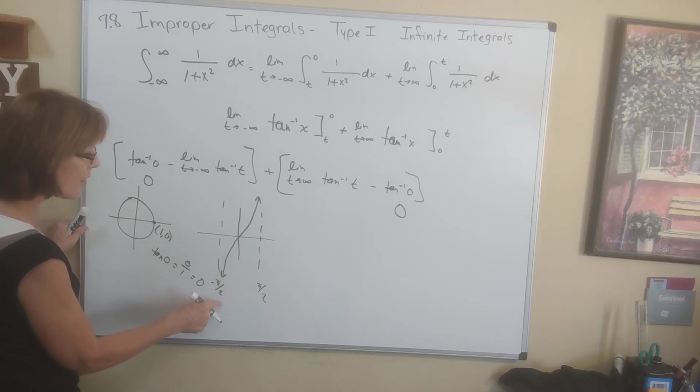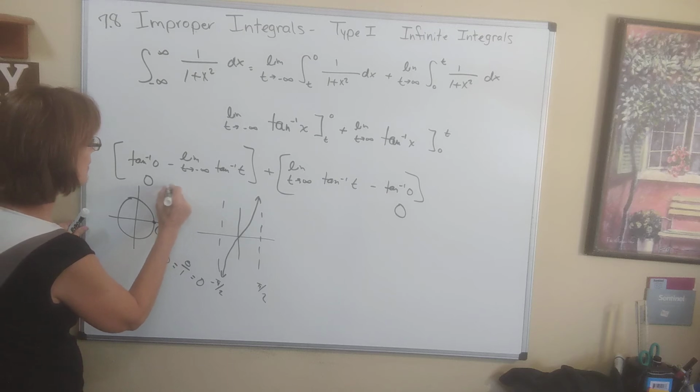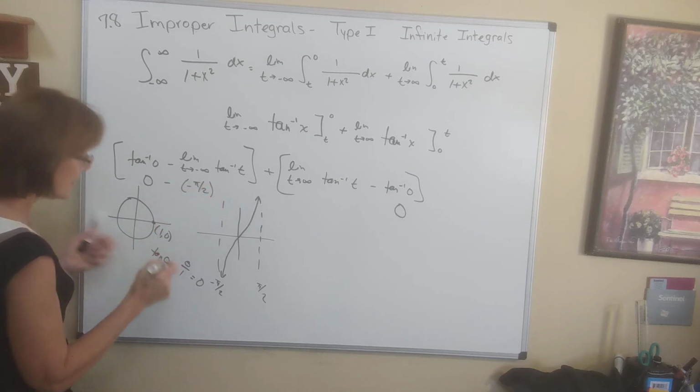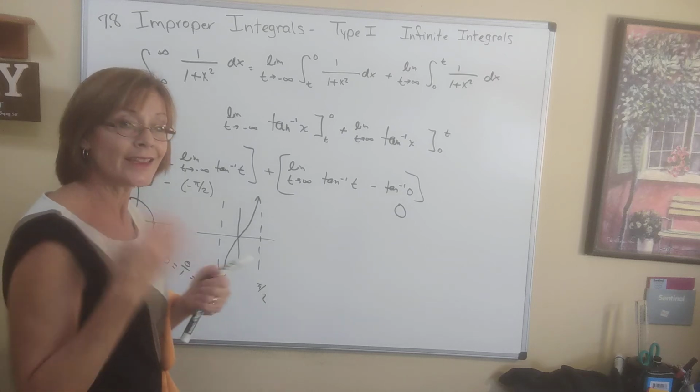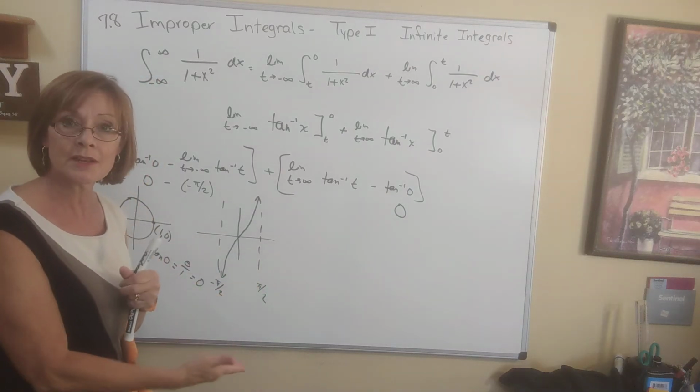So what angle value produces a tangent value of negative infinity is negative pi over 2. So right here is negative pi over 2. That's what I get right here. Now, me personally, I like to look at the tangent graph. That's what did it for me.